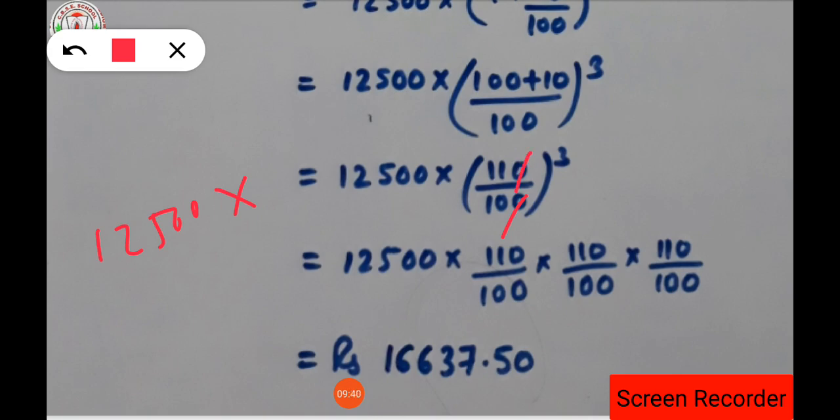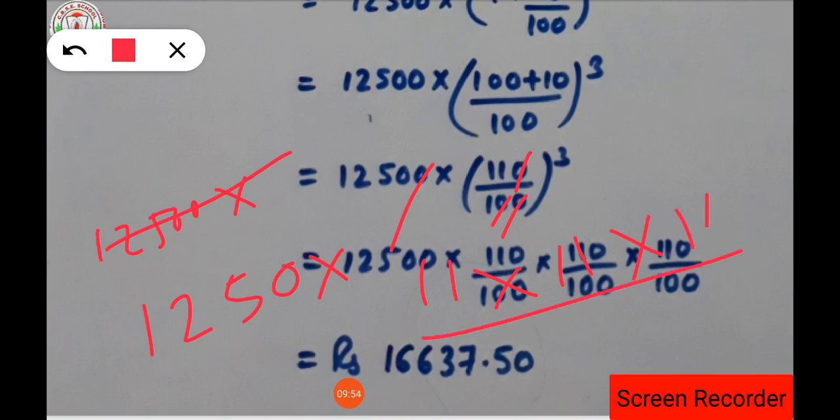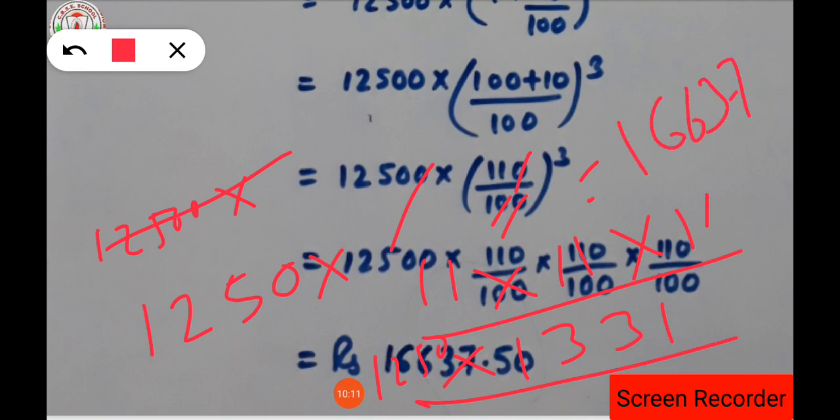Cancel 110 from the numerator and denominator by 10, so we have 1,250 into 11 into 11 into 11. 11 into 11 will be 121, and 121 into 11 is 1331. Into 1250. Understood? Now when you multiply these numbers, you will get the answer 16,637.50.